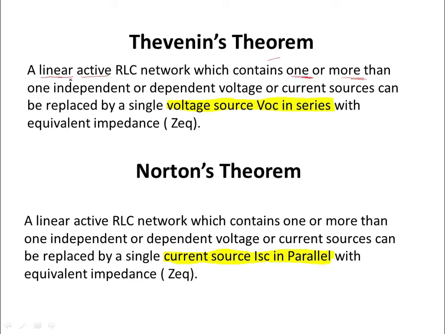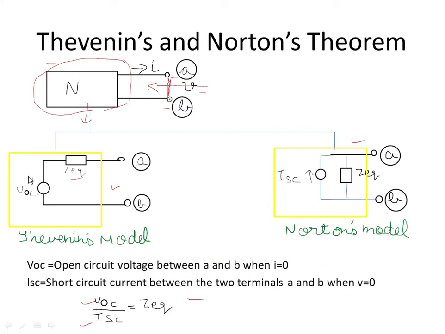So a linear active RLC network which contains one or more than one independent or dependent voltage or current sources can be replaced by a single voltage source VOC in series with the equivalent impedance Z equivalent. See, this is the voltage source VOC and its single equivalent impedance Z equivalent is in series with VOC.